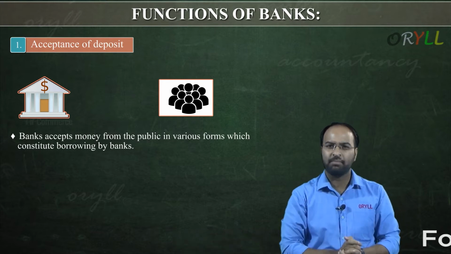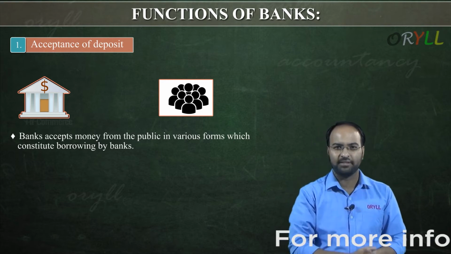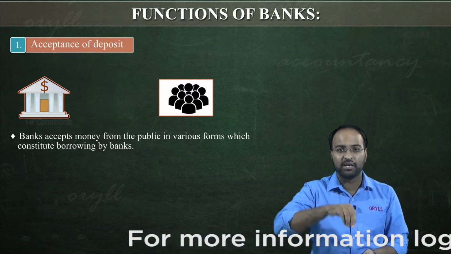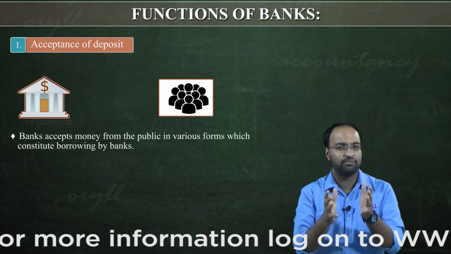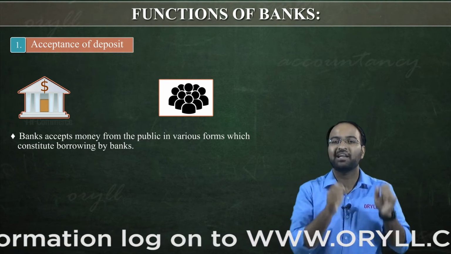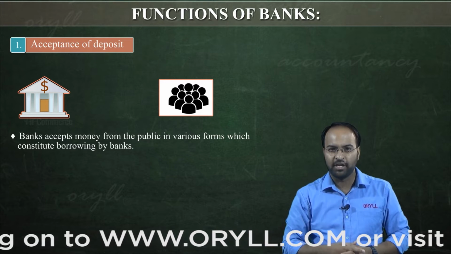Sir, what do you mean borrowing by the bank? Simply understand, when the public gives money to the bank, for the bank it becomes a liability. Why? Because the bank has to return the money to the public. Yes or no? So this acceptance of deposit from the public, from the bank's point of view, becomes the liability of the bank, nothing but borrowings by the bank. Got it?